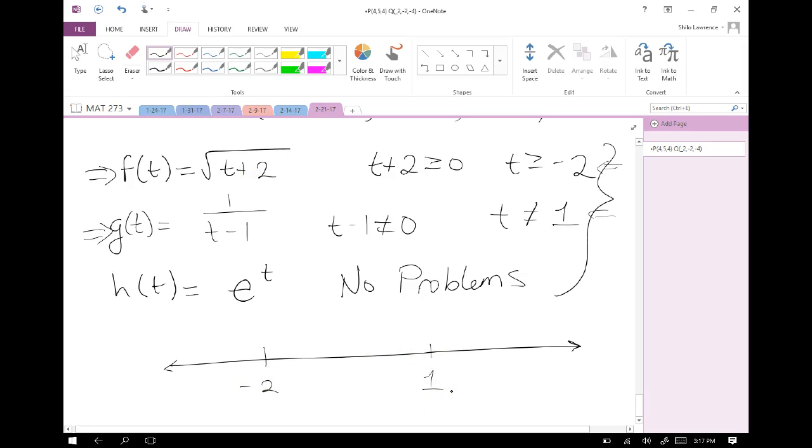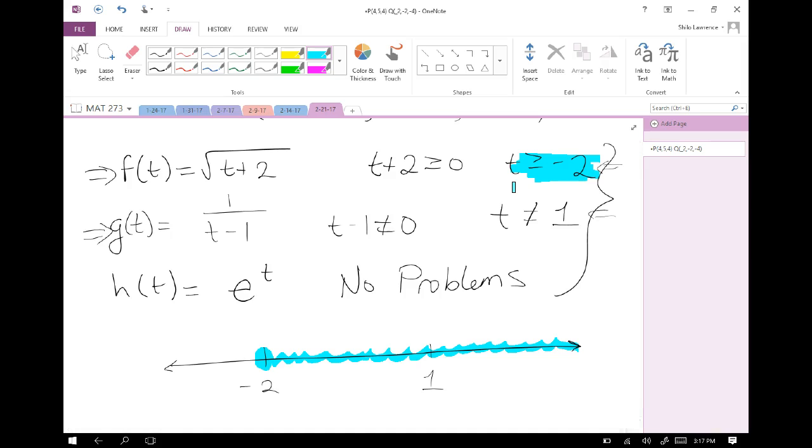I need to make sure I say what's going on around those guys, because those have something weird happening. The first one, I've got to be greater than or equal to -2. So I can be equal, but I've got to be greater than it. Closed circle.